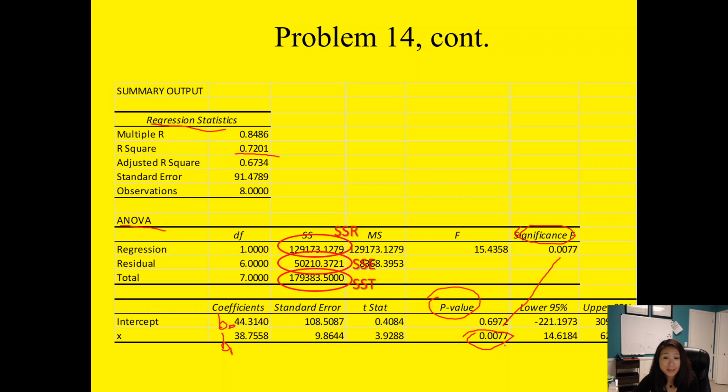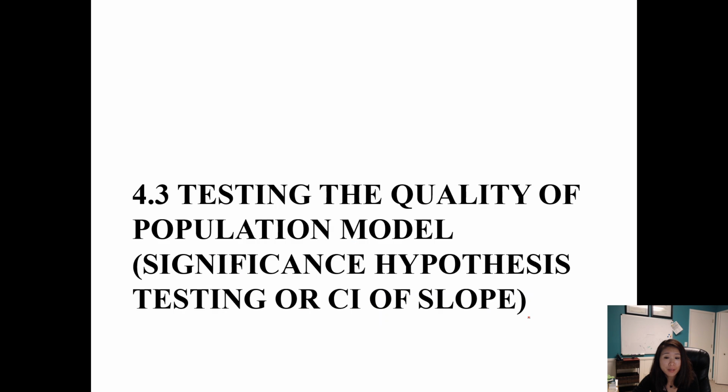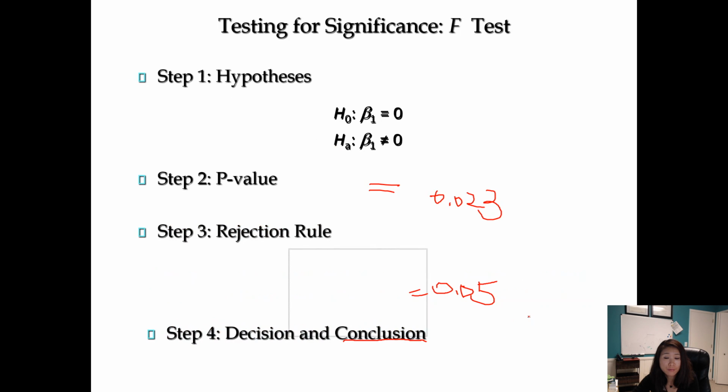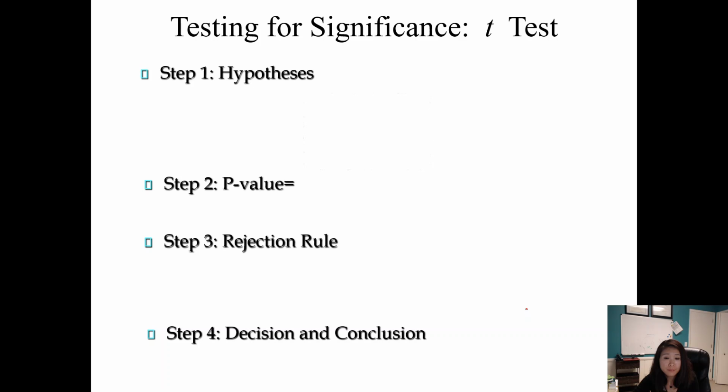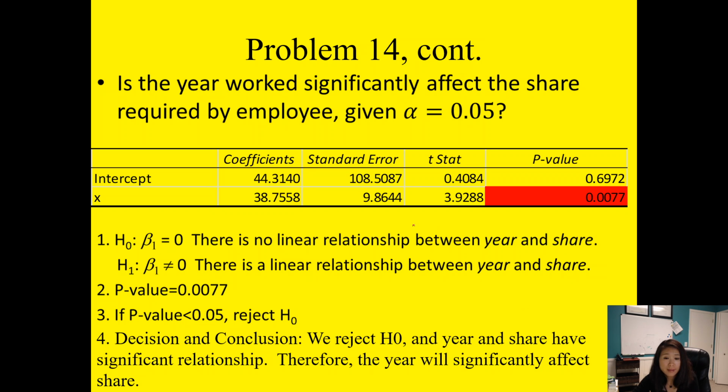After we obtain this useful information, let's put everything together and write down our 4 steps for the t-test. Again, exactly the same 4 steps because F and t-test are the same test. Beta 1 equal to 0, beta 1 not equal to 0. That's the first step. Second step, p-value 0.0077.